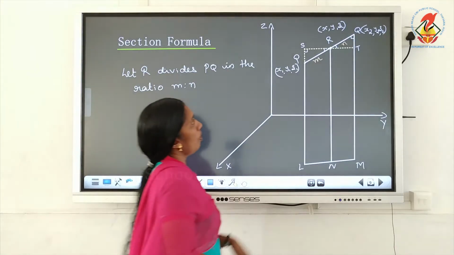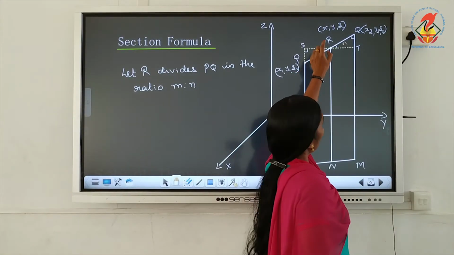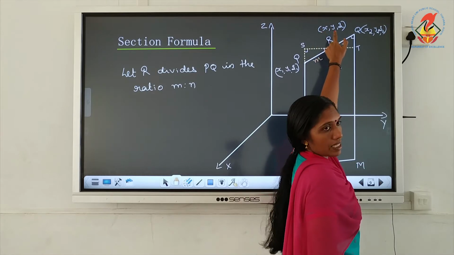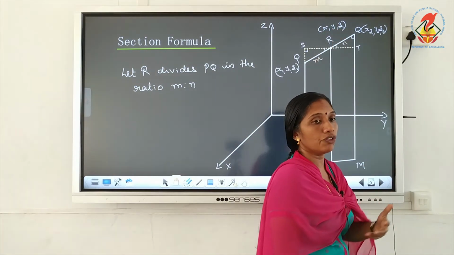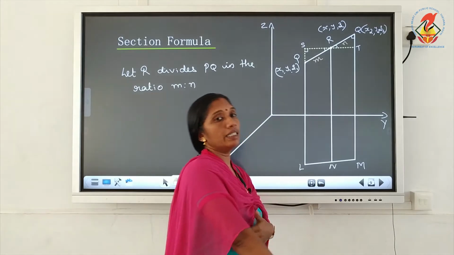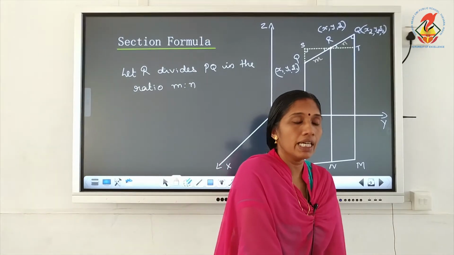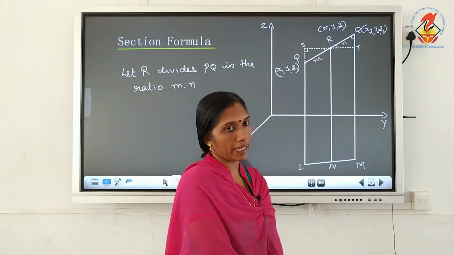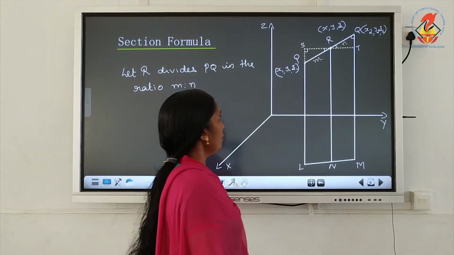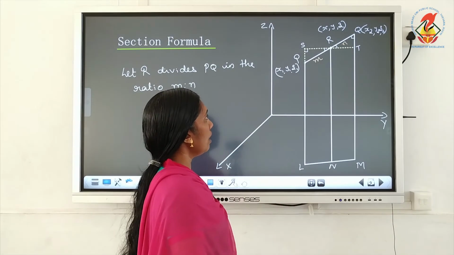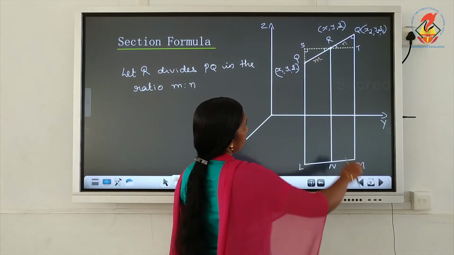So what are the coordinates of this R? I took R generally as (x, y, z). So we have to find x, y, z in terms of x1, y1, z1, x2, y2, z2, m and n. So the proof is, or how to find the formula for that.